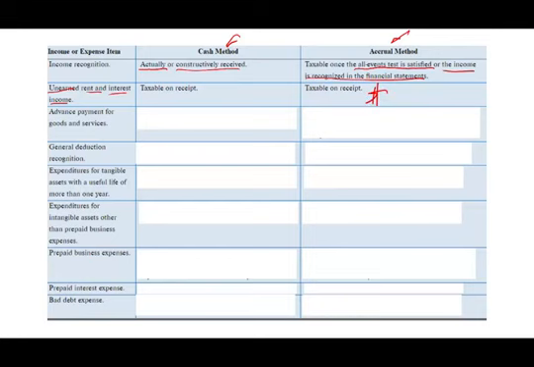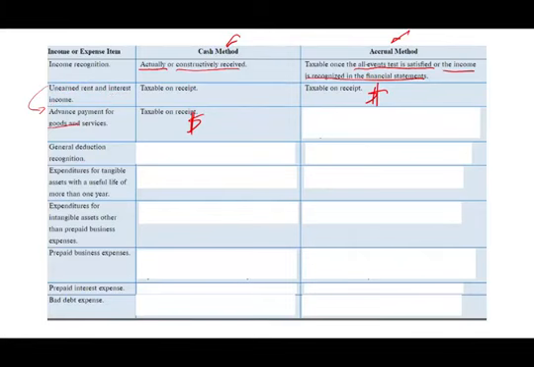Let's take a look at this one. Advance payment for goods and services. So somebody pays you in advance for goods and services. Cash is easy. I have the money. If they paid you in advance, you have taxable income. Now notice here, I just want to make sure, unearned rent and interest revenue, they are unearned, similar to the advance, the same concept.